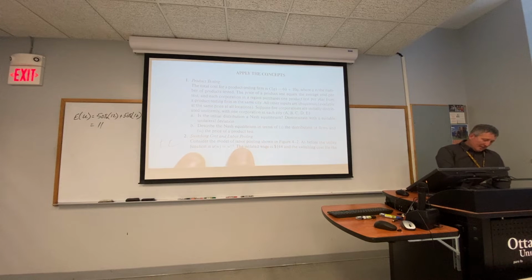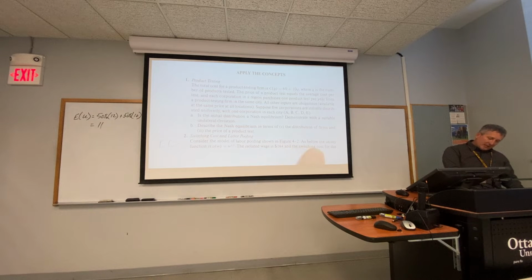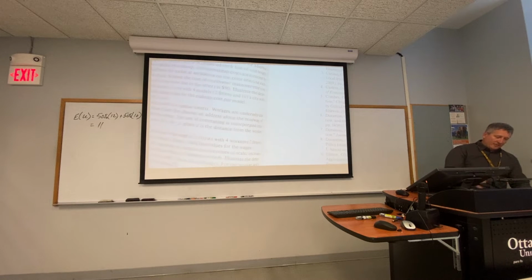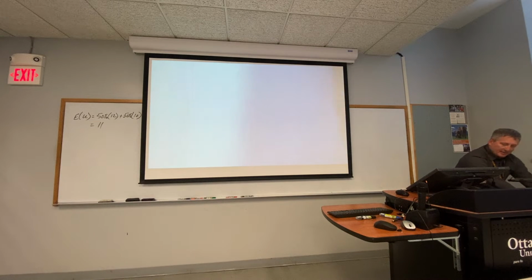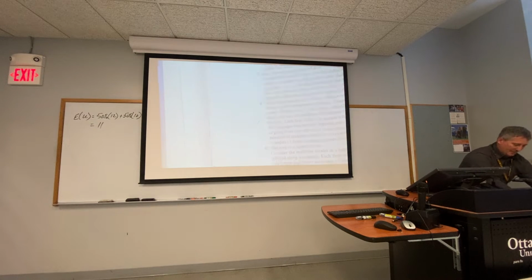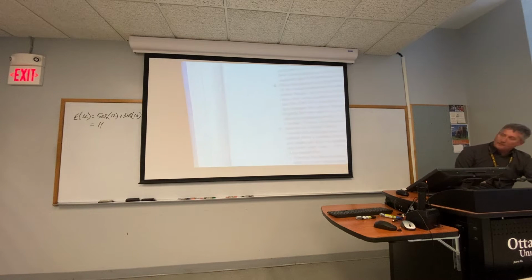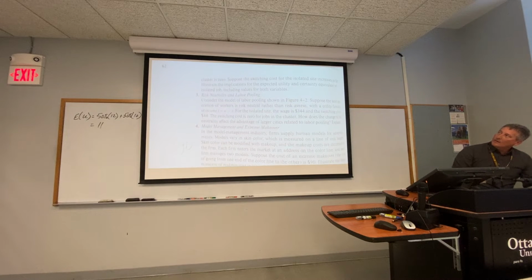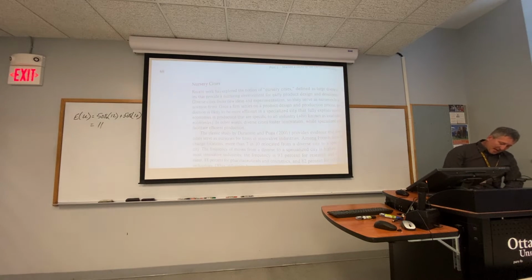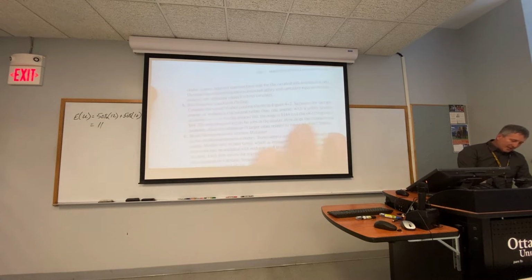Consider the model for labor pooling shown in figure 4.2, which was the one we were just looking at. As before, the utility function is the wage raised to the 1/2 power. The isolated wage is 144, and the switching cost for the cluster is 0.